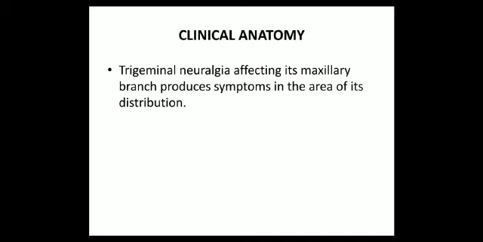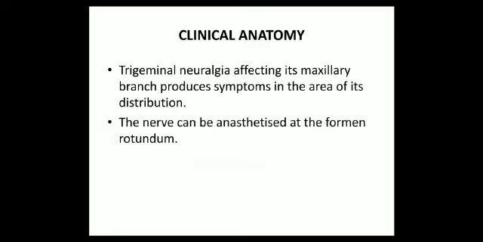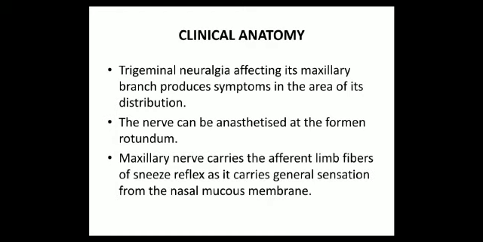Clinical anatomy. Trigeminal neuralgia affecting its maxillary branch produces symptoms in the area of its distribution. In such cases we can give anesthesia of that nerve. The nerve can be anesthetized at the foramen rotundum.